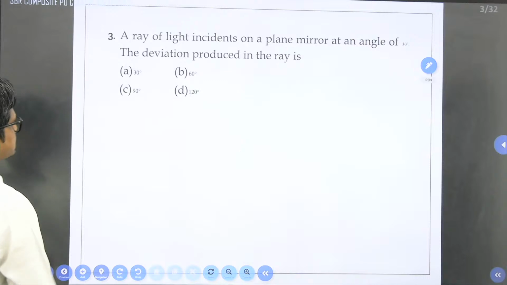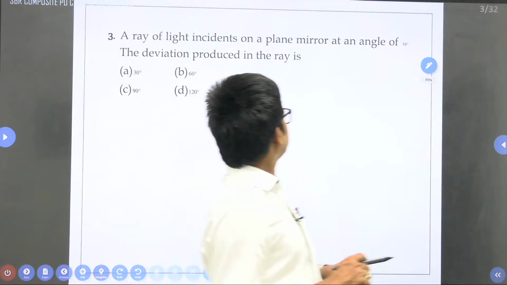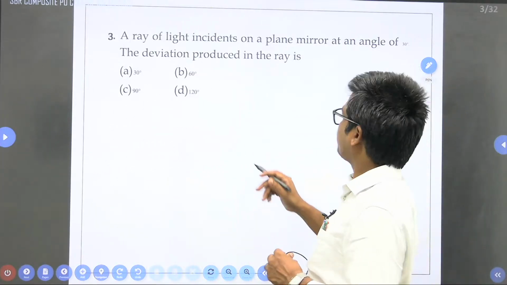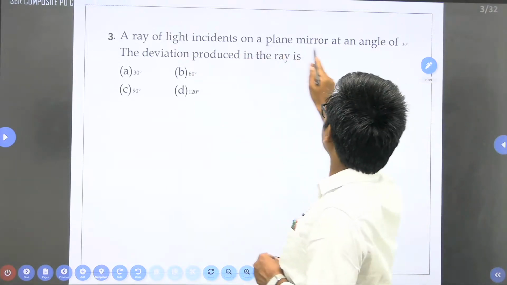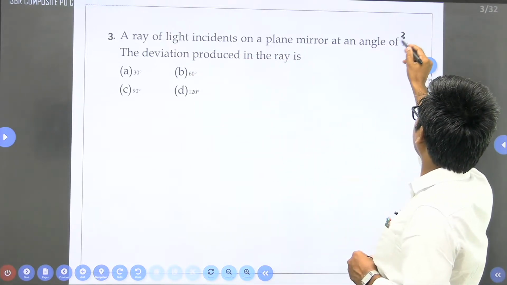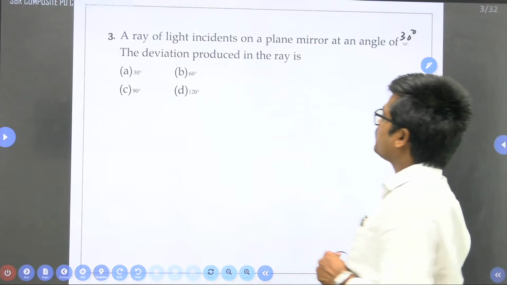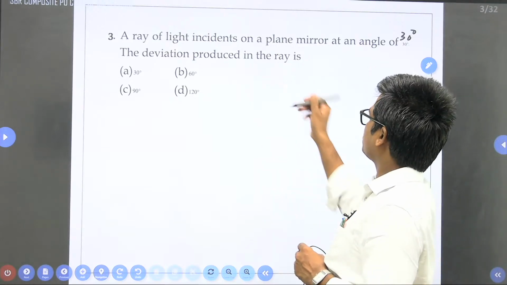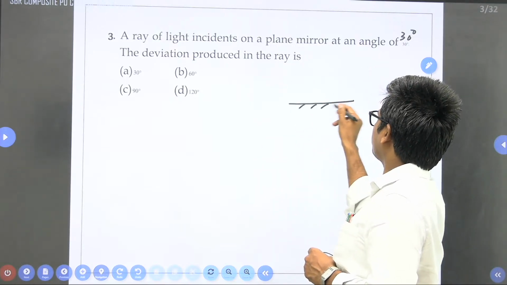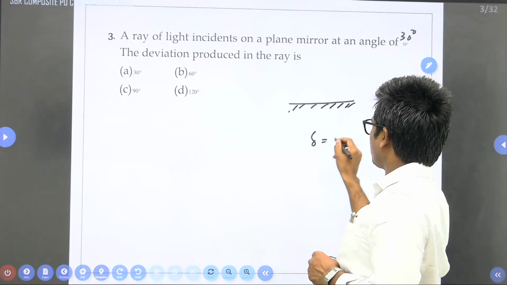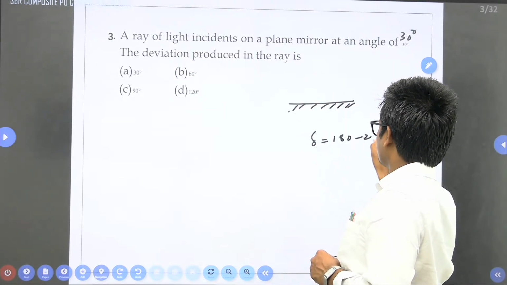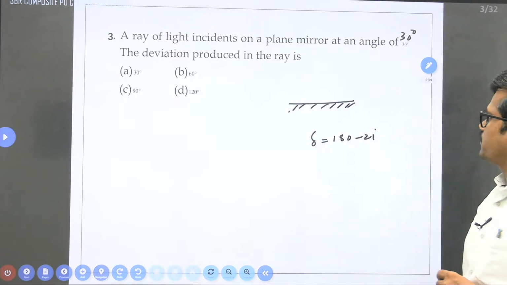Okay, next let me go for the next one. A ray of light is incident on a plane mirror at an angle of 30 degrees. Then the deviation produced in the ray. For a single plane mirror, what is the deviation formula? 180 degrees minus 2i.